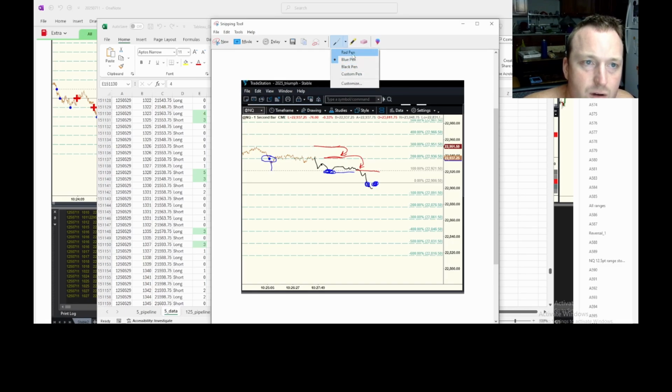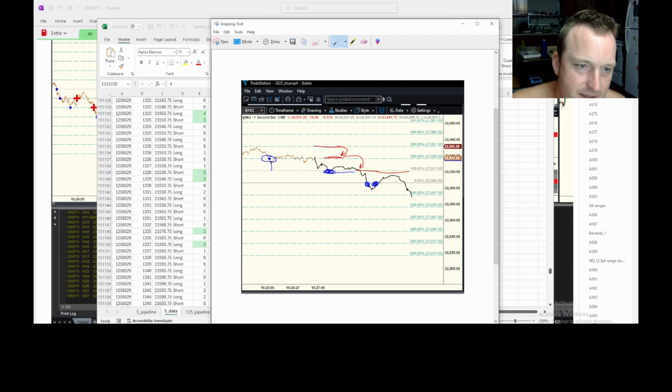So we're controlling 4 contracts, and the market goes, let's say, oh my goodness, it does not take out my stop. Thank goodness, because we're controlling a bag right now. Boom, what happens is we get out at 3R.